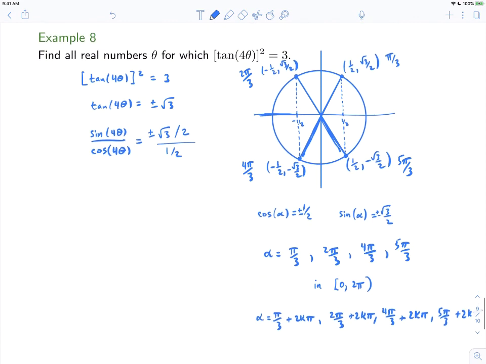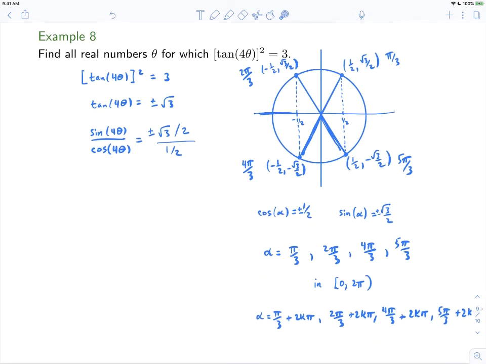However, we can simplify this a little bit, because notice that pi over 3 and 4 pi over 3 are pi apart from each other. So let's start at pi over 3, and we could go around the circle in a complete rotation, and that would give us another angle that works.